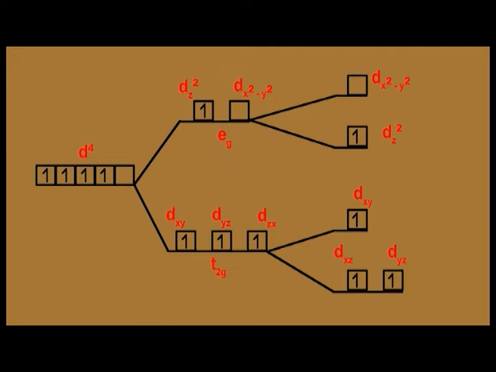Why less? Because the ligands in z direction are farther than those coming from x and y direction. So, energy of dz square is lower than dx square minus y square orbital, and similarly in the T2g set of orbitals, dxz and dyz orbitals have less energy than dxy orbital.